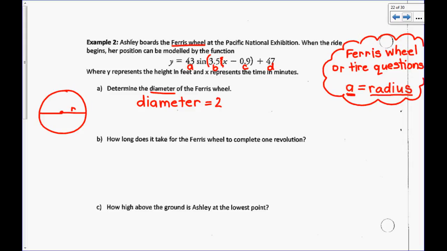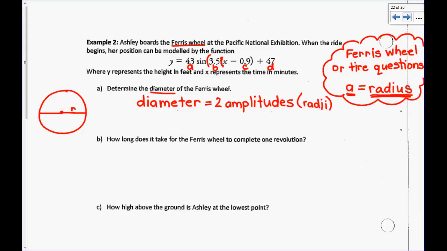So if my radius is A, then it's just 2 of the amplitudes. I'm not sure what the plural form of radiuses is. Radii? 2 radii, right?